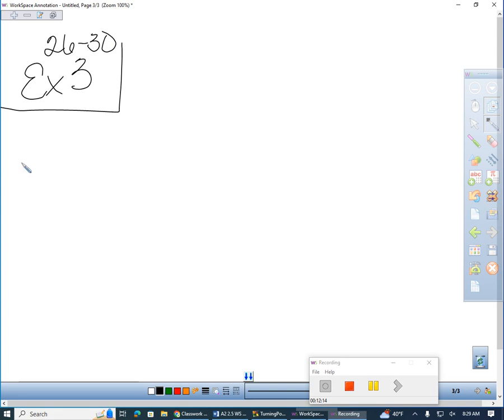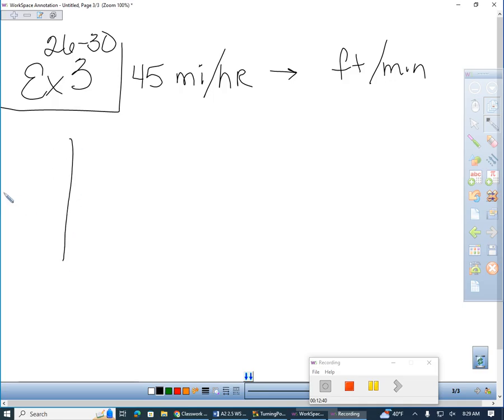Now we are going to do 45 miles per hour to feet per minute. Now we are changing 2 labels, right? Okay, so again we start with our ladder. This is our given information, 45 miles in 1 hour.